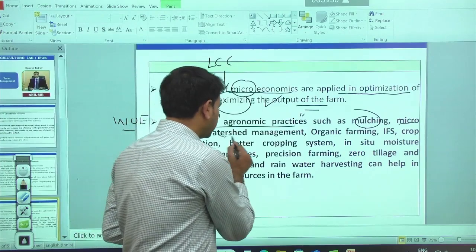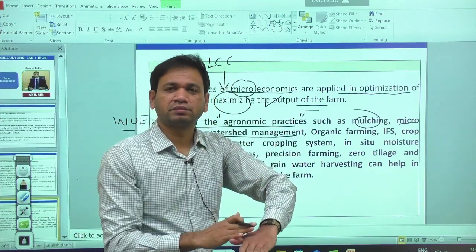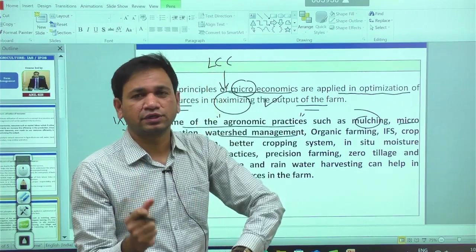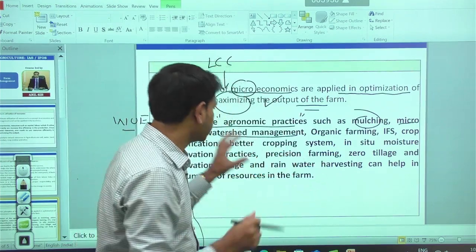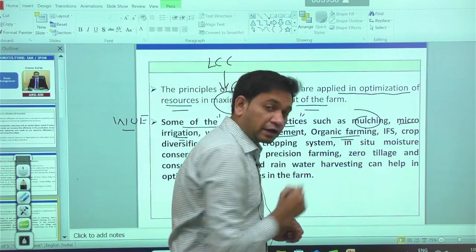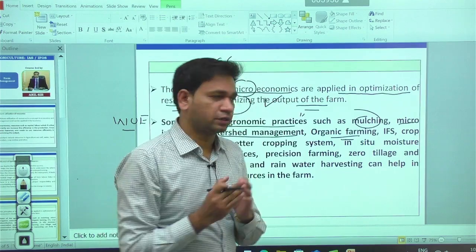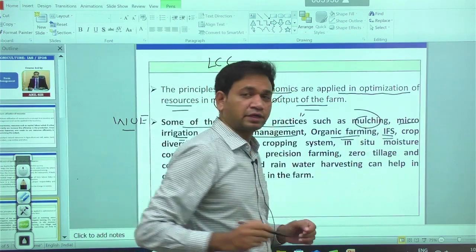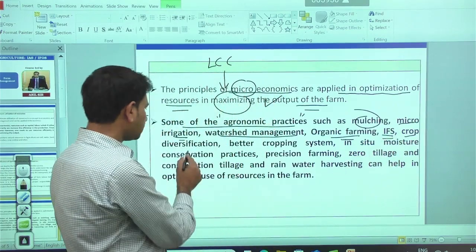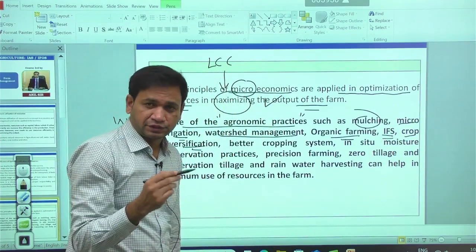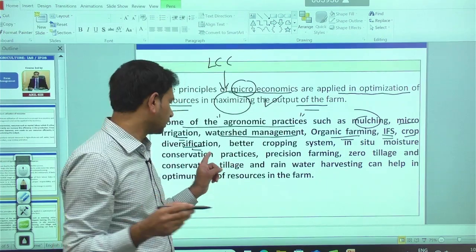Then with watershed management in sloping areas, conservation of soil and moisture is possible, especially in hilly and dryland areas. Then with organic farming, in the long run there is sustainability in the agro-ecosystem. Then with the adoption of an integrated farming system and crop diversification, the farmer will get a regular income.